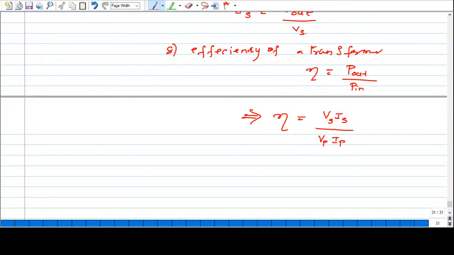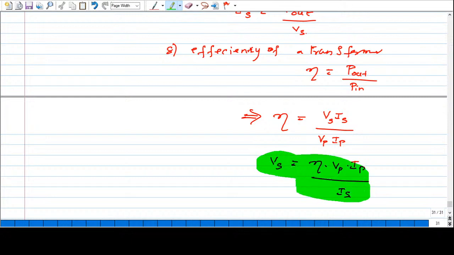Note down this. If you want Vs from this, we can also write eta into Vp Ip divided by Is. See, it's a very important formula. Please note it down because I am expecting one question this year based on this formula.